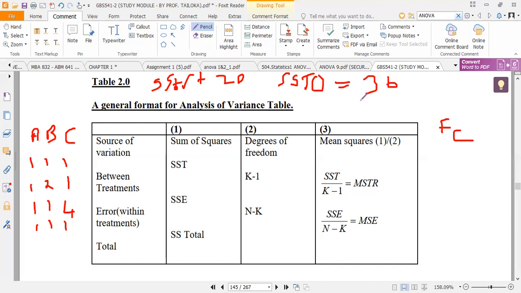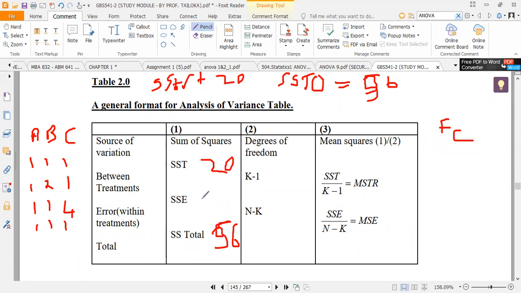Let's balance this one up together. So what do we put here on the total? 36. What do we put on the treatment? 20. Now I want you to come in. The sum of square error, what do we have? Okay, let me change this here to 56. So we have 56 here.